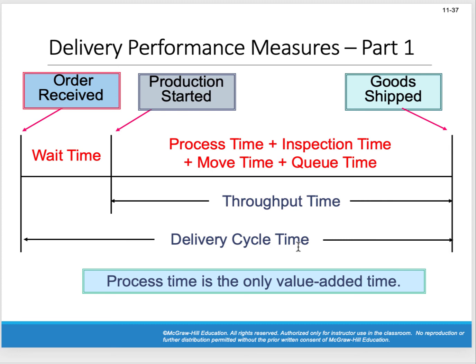Basically, what we're saying is from the time we take our raw material and we start producing, it's going to take time to process, right? As we're doing something, let's say we're making a bicycle, right? It's going to take time to process that bicycle, right? And especially as it moves from station to station to station, there's move time, right? I got to have somebody come and move this lot of bicycles over to the next department.